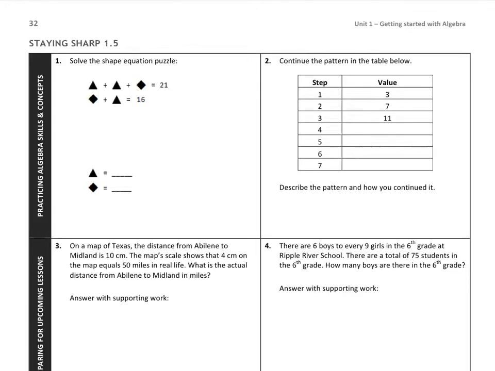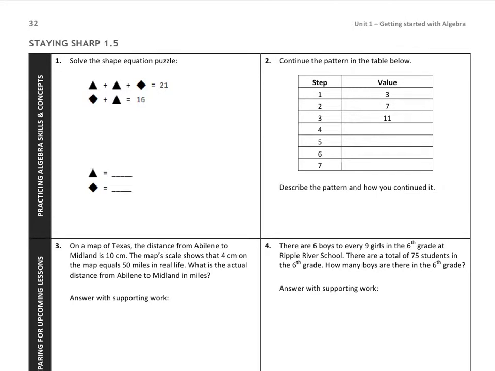All right, on to the back page here, and we have some of these lovely shape equation puzzles again, so we have to do a little bit of thinking about what could fill in for these shapes. What I notice is that if you take this diamond and you add this triangle, they add up and make 16.